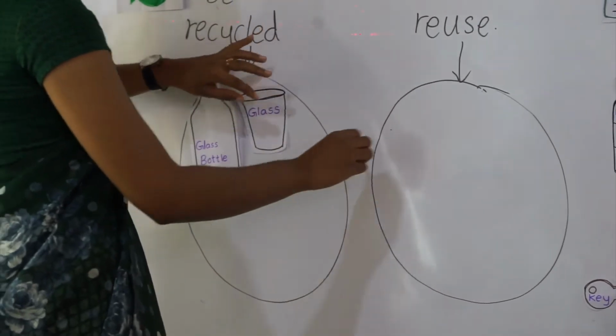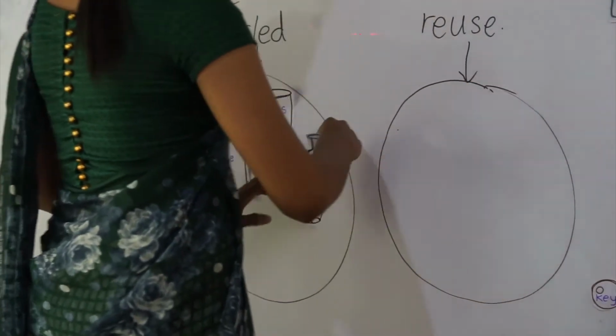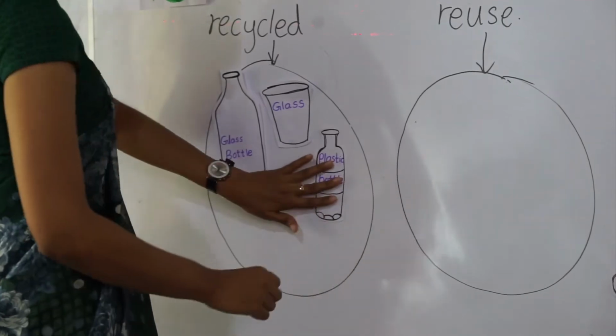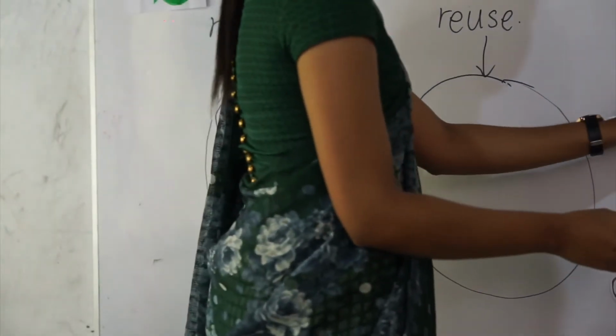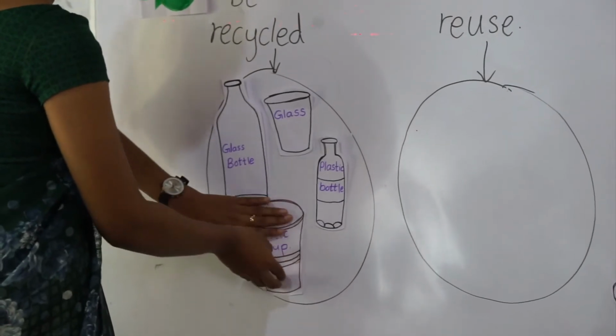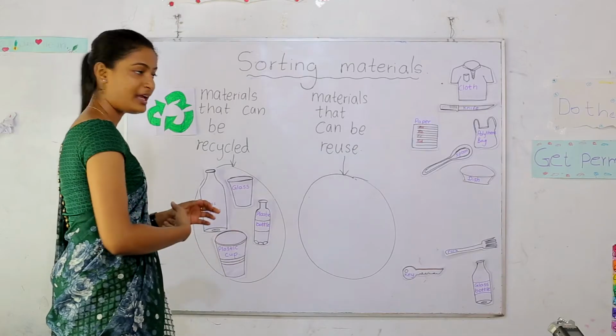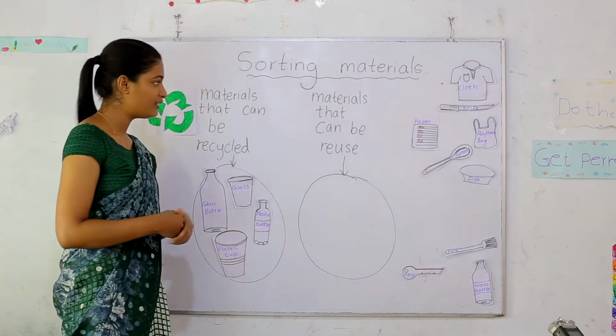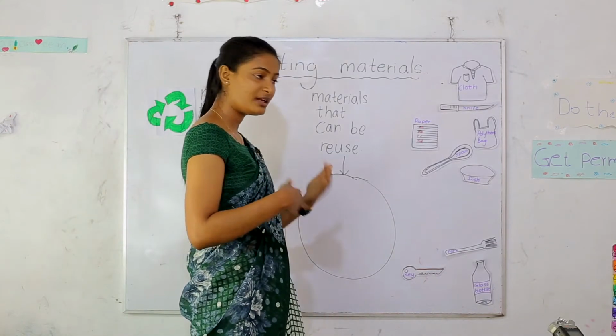Glass, plastic bottles, plastic cups. These are the things that can be recycled. We'll see what are the materials that can be reused.